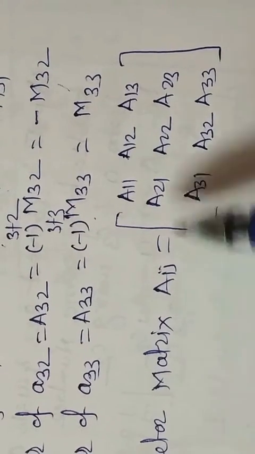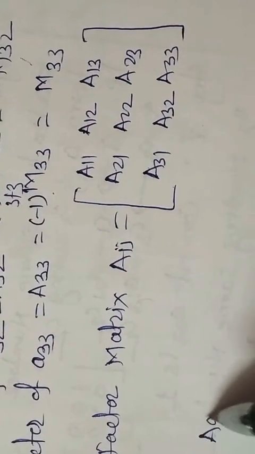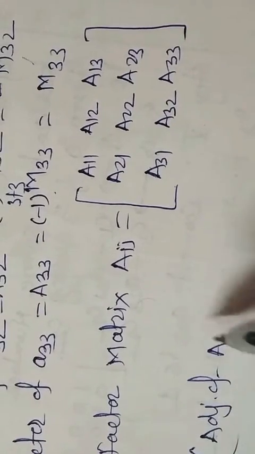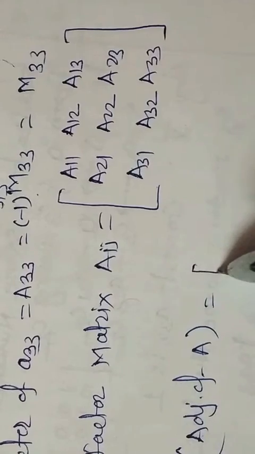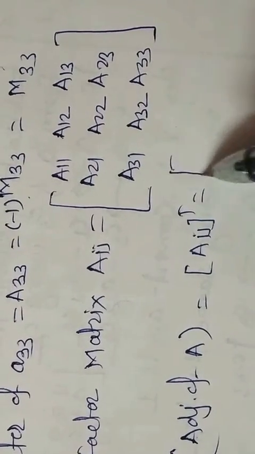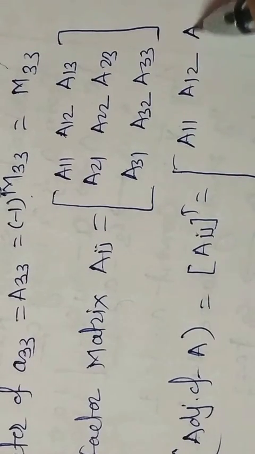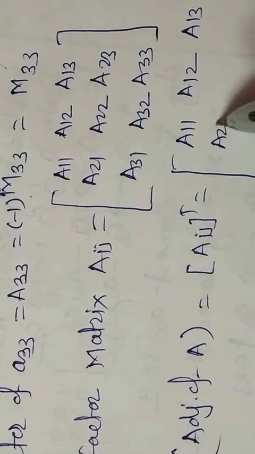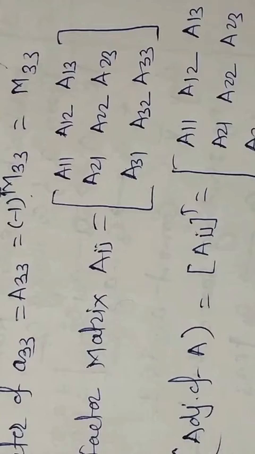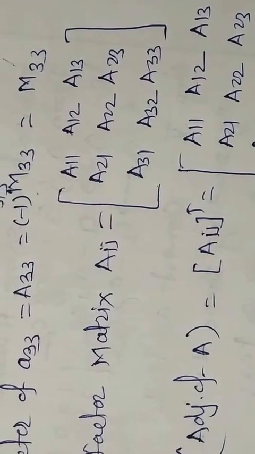And now when we take the transpose, we make the adjoint of the matrix. Adjoint of A equals the transpose of Aij, that is the transpose of the matrix A11, A12, A13, A21, A22, A23, A31, A32, A33.